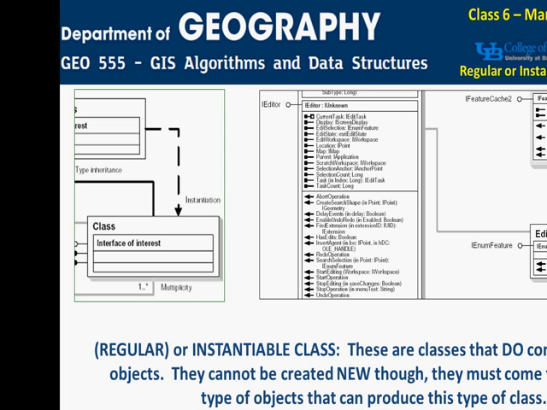So an example in GIS, an edit selection. An edit selection is created when you have an edit session open and you select some features to edit. You can't just create an edit selection from scratch. You have to use iEditor to retrieve the edit selection. So it's a regular class that you need to use another class to create from.